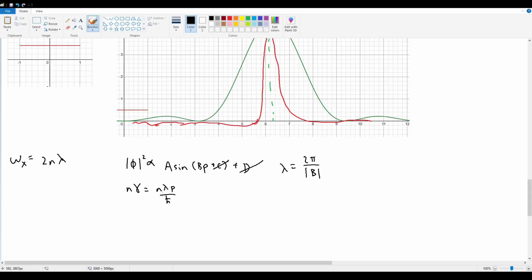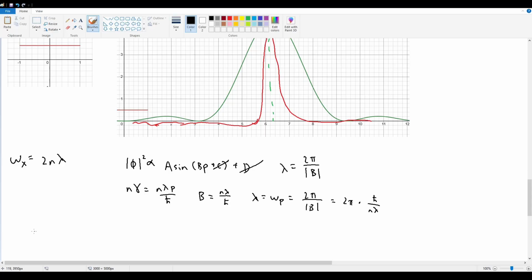In that case, our b term is equal to n lambda over h bar, because this is b times p. So our wavelength, which is equal to our approximation of the width of p, is equal to 2 pi divided by the magnitude of b, which is 2 pi times h bar over n lambda.